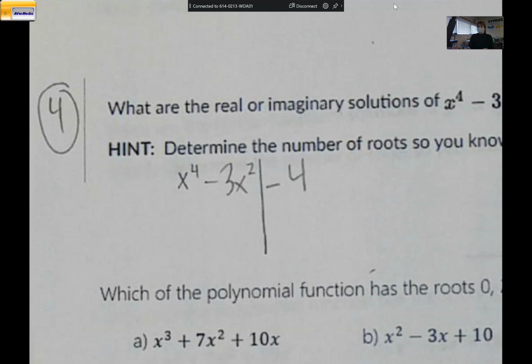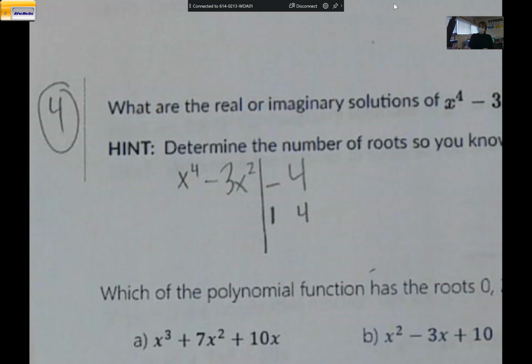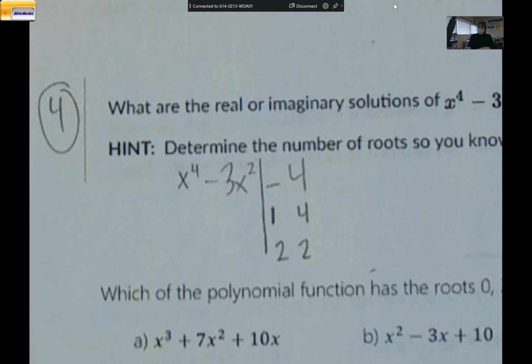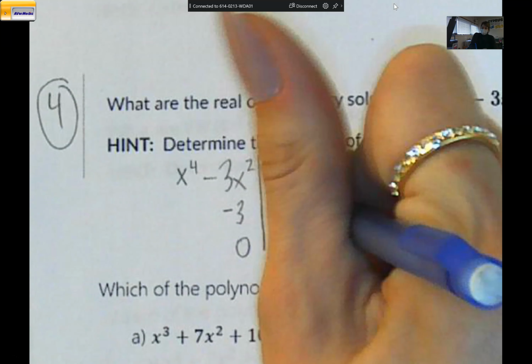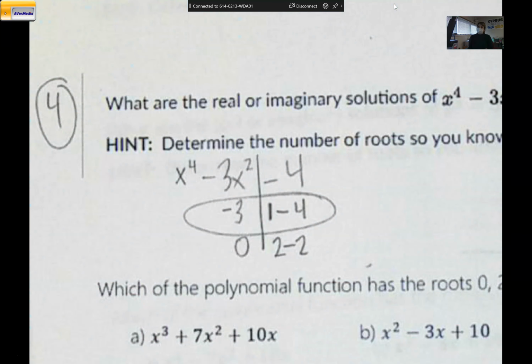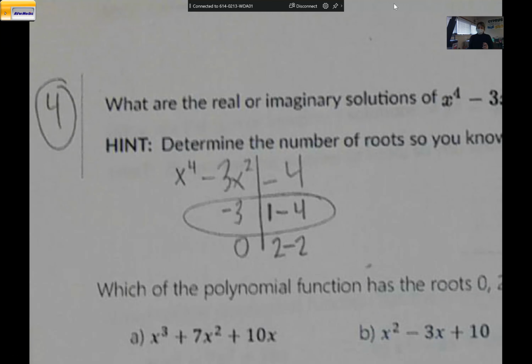And this one's kind of easy because there's not very many. There's 1 and 4, and then what? 2 and 2. This subtraction sign here means subtract the factors. We get a -3 and a 0, and it matches up perfectly, so we don't need to do any switching.